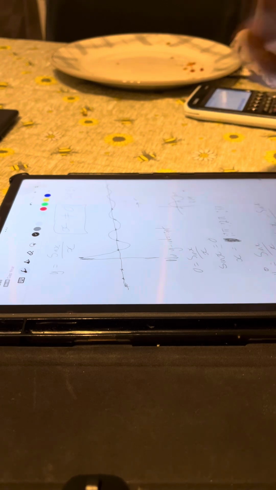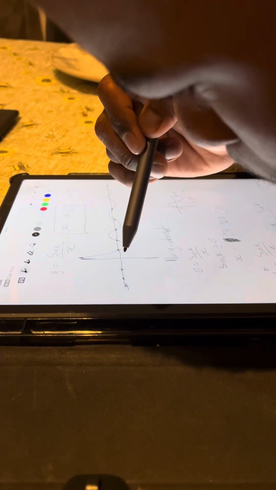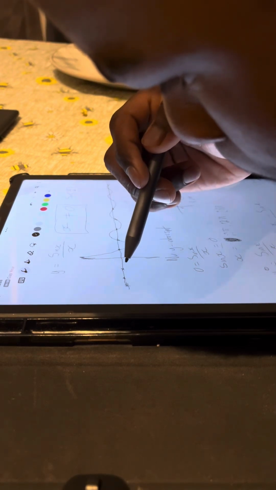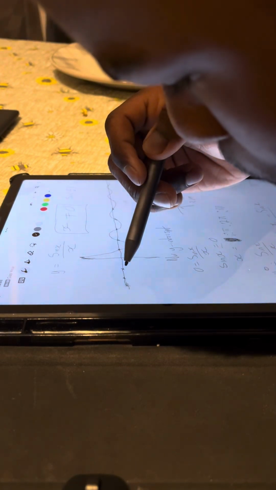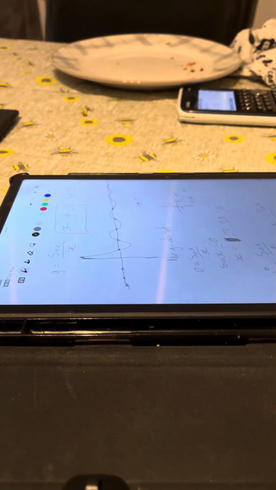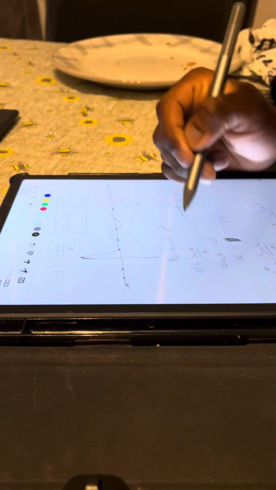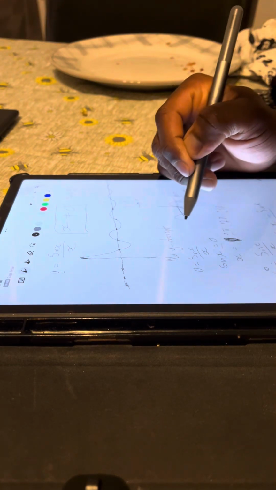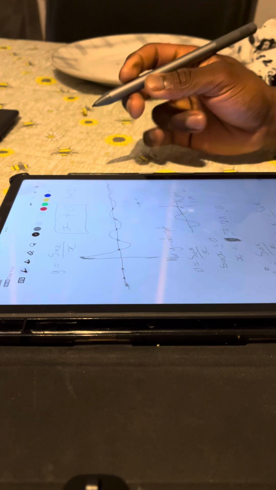Okay, I have the graph over here, so I can just refer to that.